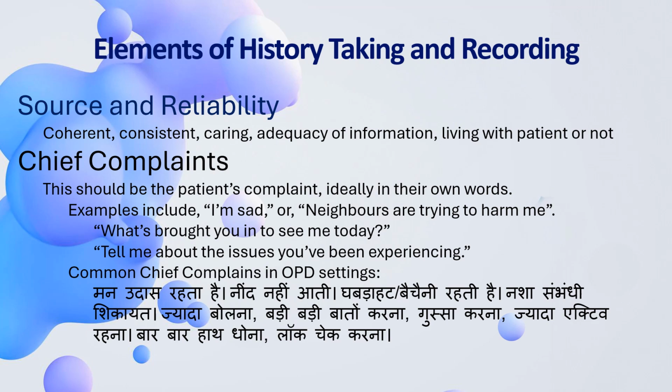And reliability of those sources should be indicated in the case sheets, like coherency of the person who is depicting the history, how consistent he is in his statements, whether he is caring toward the patient or not. Adequacy of information should also be noted, and whether the person is living with the patient or not is also important.